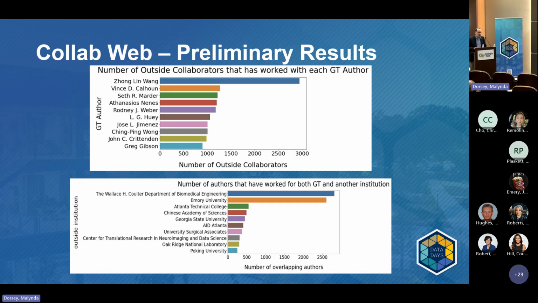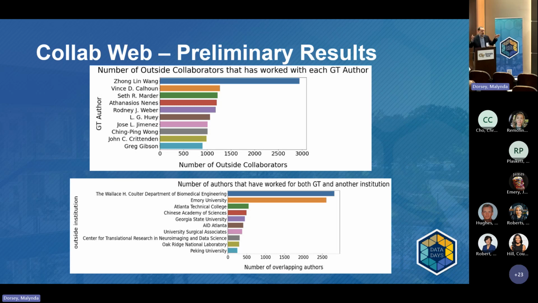One of the questions is, whenever a grad student, whenever a researcher or faculty is working on a paper and publishing a paper, they are collaborating with others. Now, could we find who are the top 10 researchers at Georgia Tech that have the most outside collaborators?